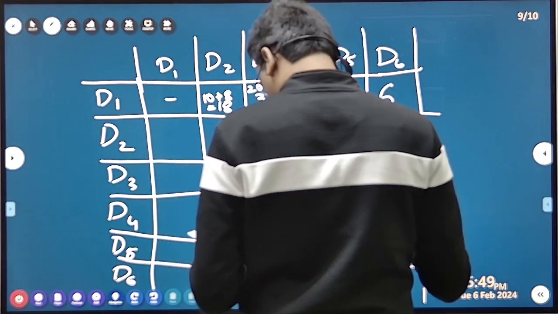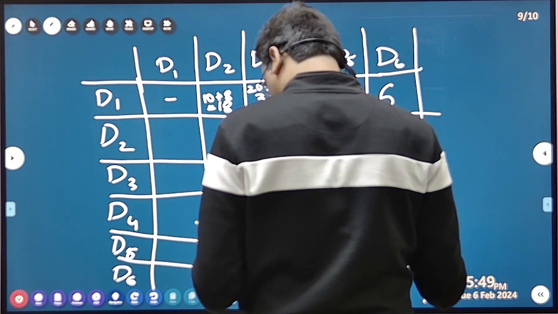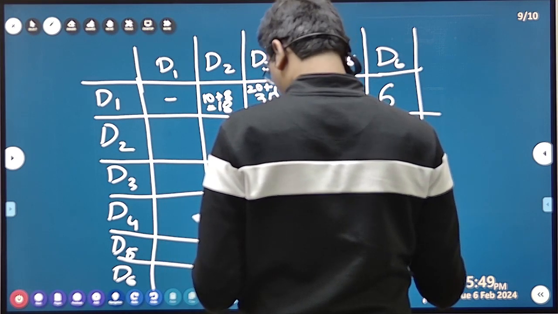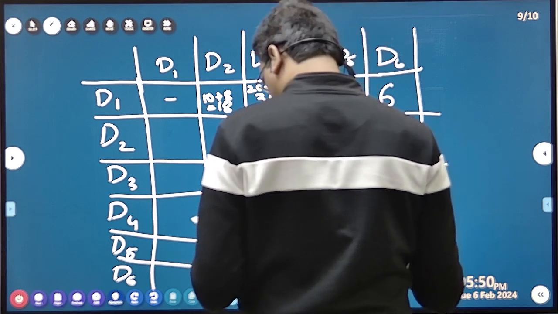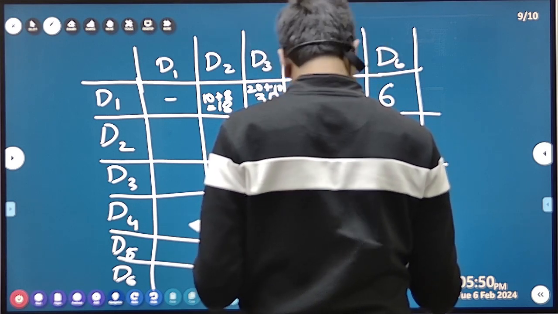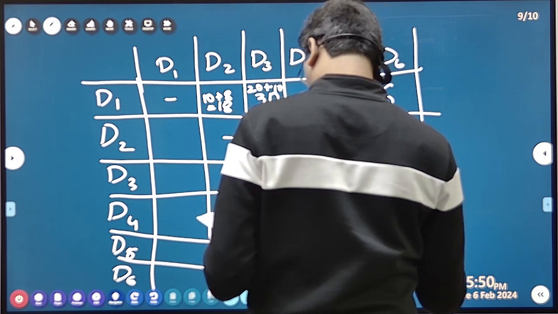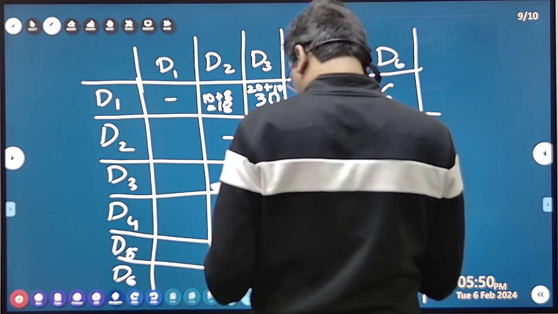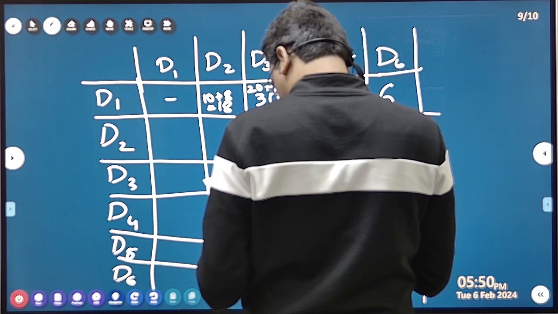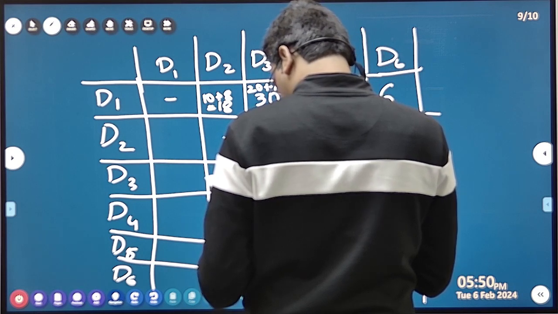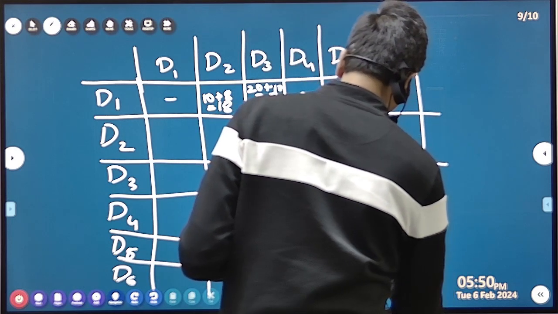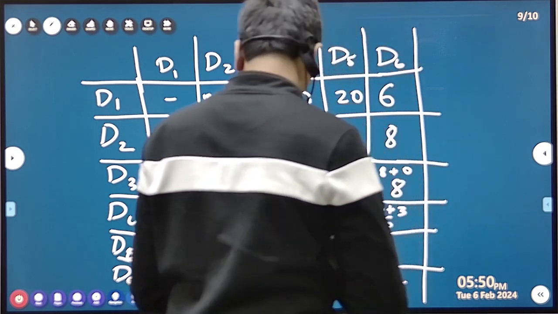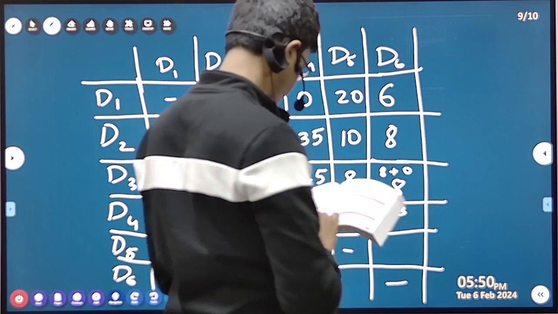D6 and D4, 3 plus 3, right? This is 6. So there's a mistake in the book.